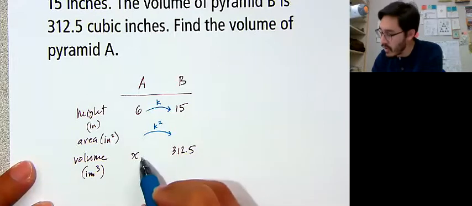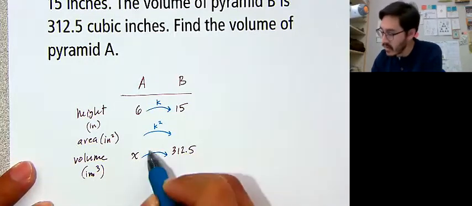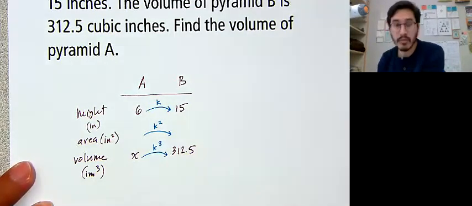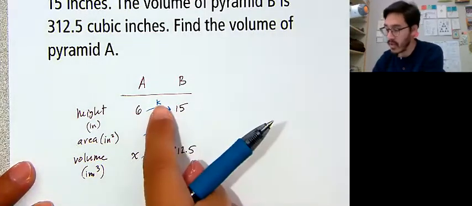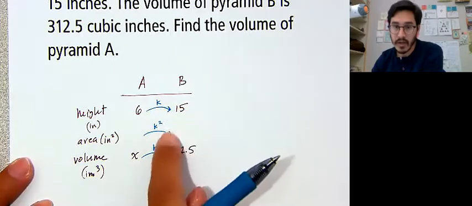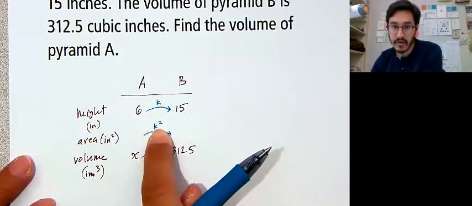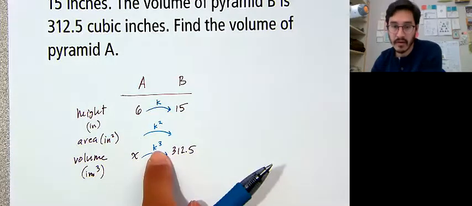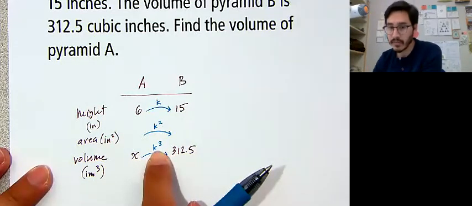When we hit volume, the scale factor is cubed because of the three dimensions. So there's one factor of the scale factor for height, two factors for area, and three factors for volume.